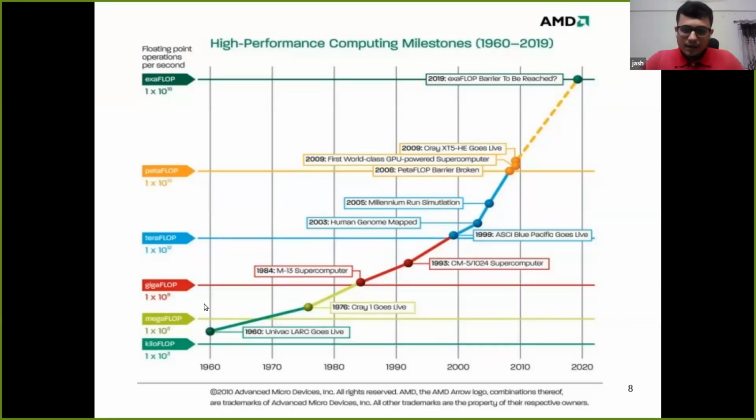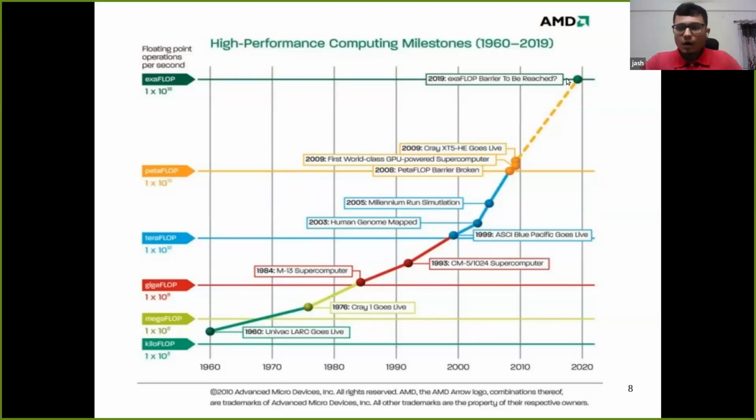One interesting thing to observe in this chart is that during the 1980s we were able to achieve 1 gigaflop per second, and today we are at the exaflop stage. One thing to notice is how much the clock frequency has increased during this period.